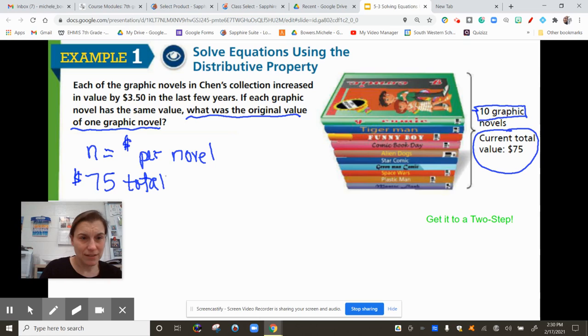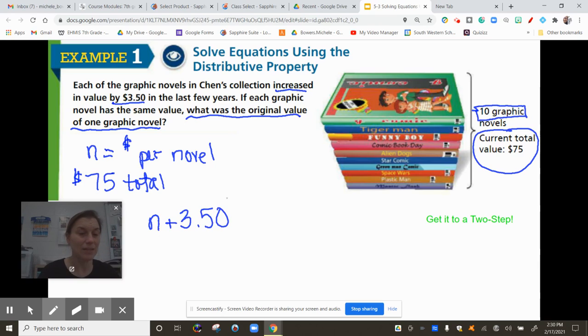So, well, how much is each one? It tells us that it's increased in value by $3.50. So that means the price of each one is what I'm trying to find. The original price has increased. So how do I show that as an expression? So it's what it used to cost and $3.50 more, because that's the increase.